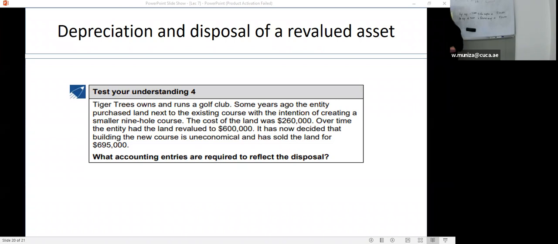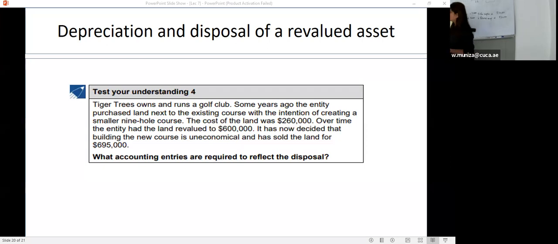Simple accounting entry is going to be passed. Then the asset is being disposed of. What do we do when the asset is being disposed of, students? We de-recognize its cost. We de-recognize its accumulated depreciation. And if it is revalued, we are going to de-recognize its revaluation surplus as well.